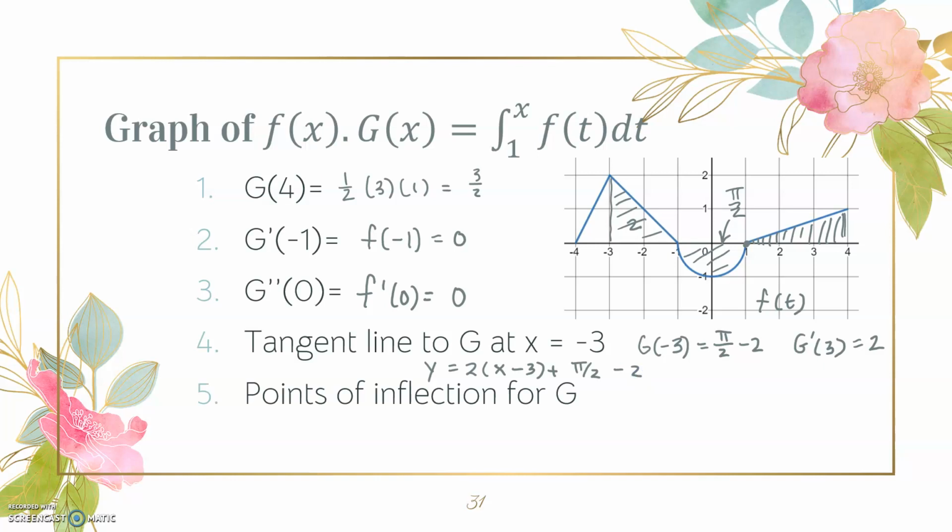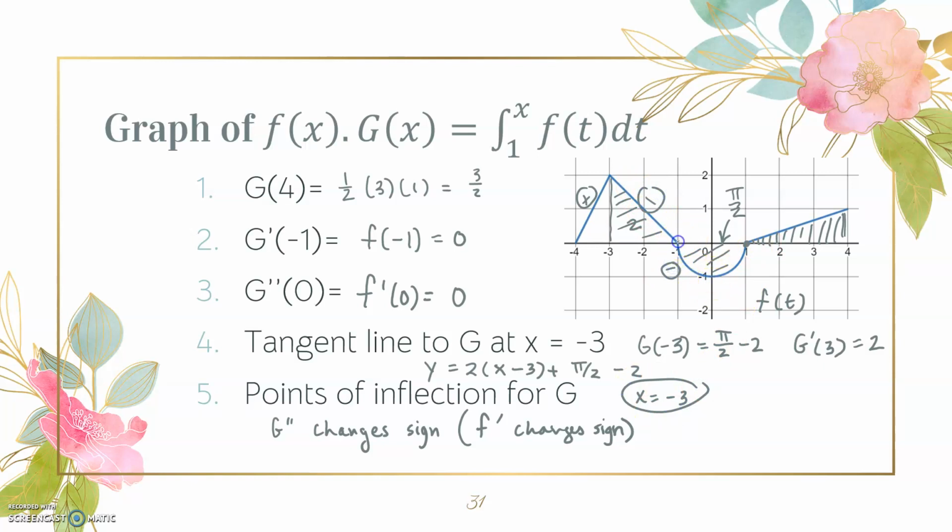Points of inflection for g are going to be when g double prime changes sign, or when f prime changes sign. So I notice that f prime is positive up until x equals -3, and then negative.